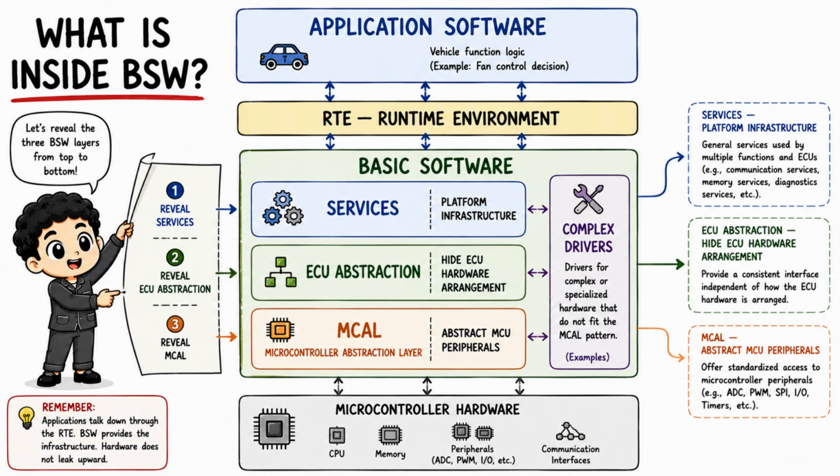Services provide higher-level platform infrastructure. ECU abstraction reduces dependence on the way devices are arranged on a particular ECU. MCAL reduces dependence on the details of the microcontroller and its peripherals. For this overview, just remember complex drivers as a separate basic software area. We will examine its special role in its own lesson.